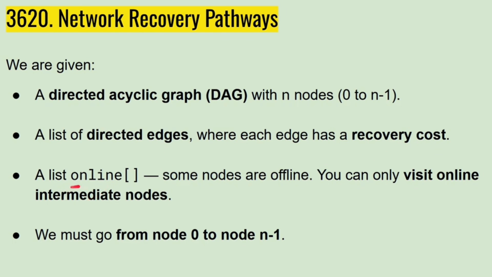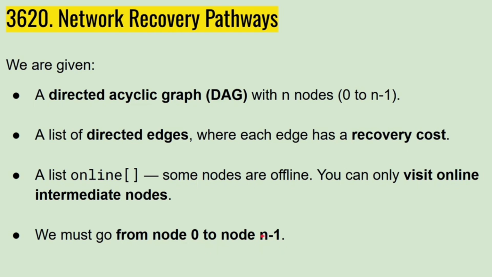And we have given an online array, which is a list of nodes, meaning some nodes are offline, and you can visit the online intermediate nodes. So all the intermediate nodes which are online, you can visit them. So we must go from node 0 to node n minus 1.